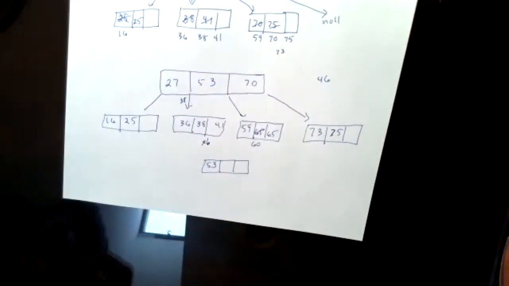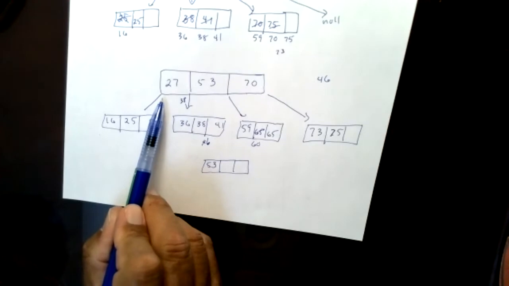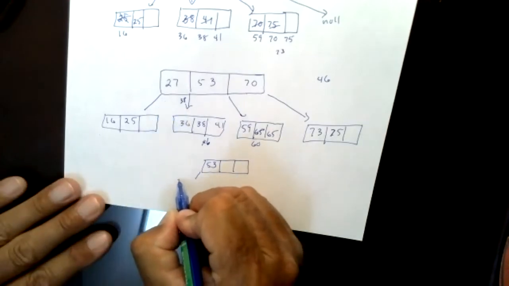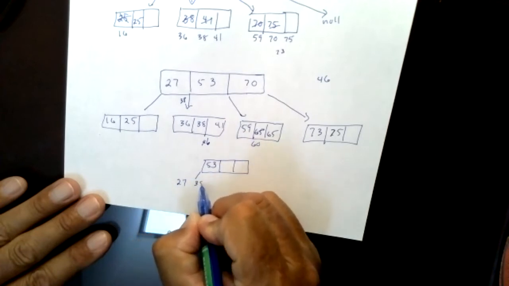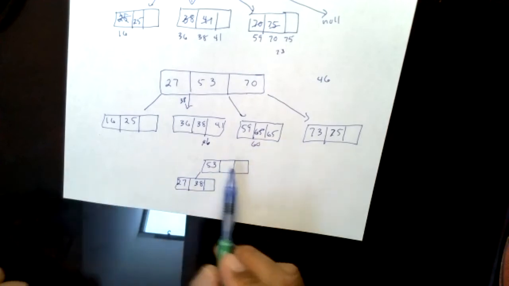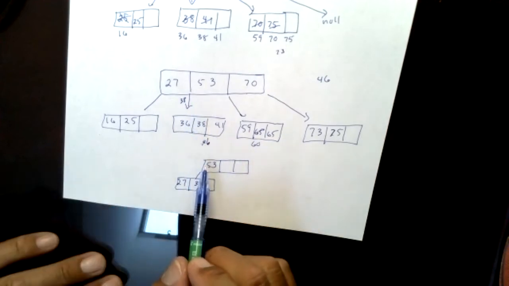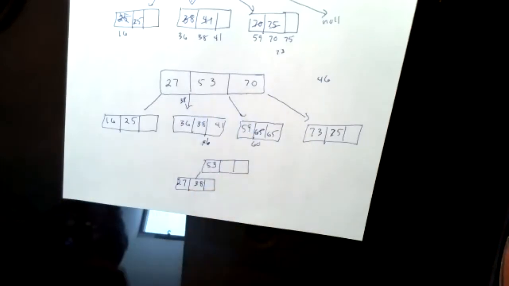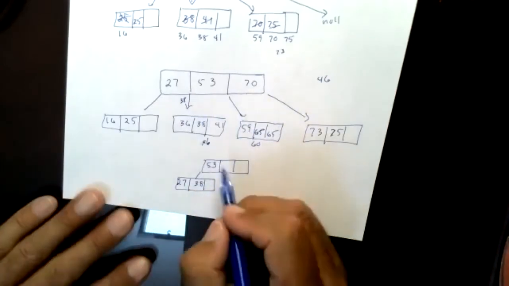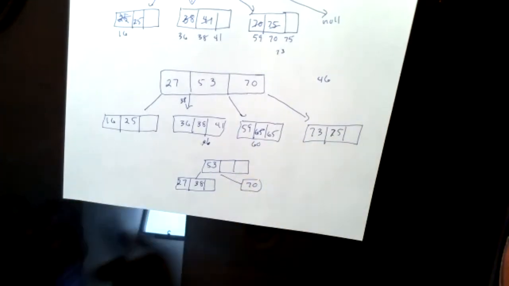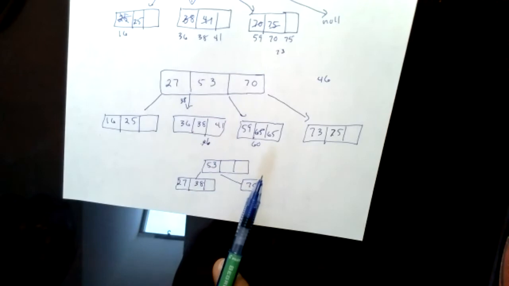So to the left of 53 is going to be 27 and 38. To the right of 53 is going to be 70. Okay, that was just looking at those four numbers.